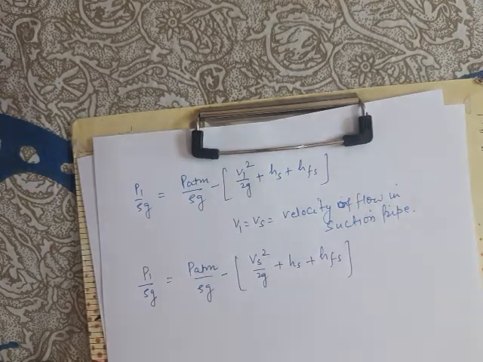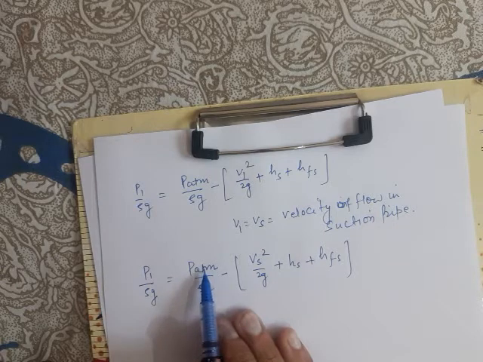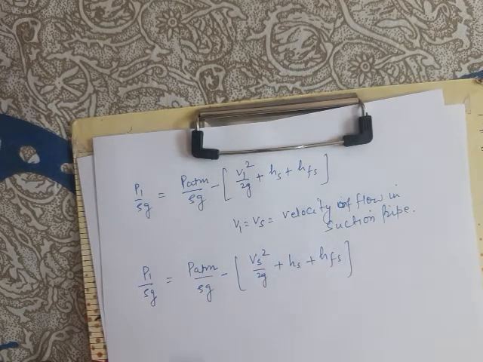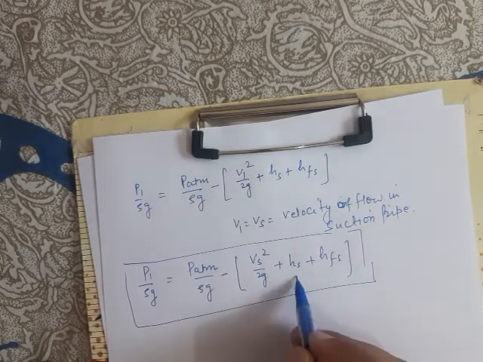Okay, this is clear to you all. Again, I am repeating, the pressure head at point 1 is less than the atmospheric pressure head by this much amount. Now this equation will be used later on. I have to derive the value of HS.